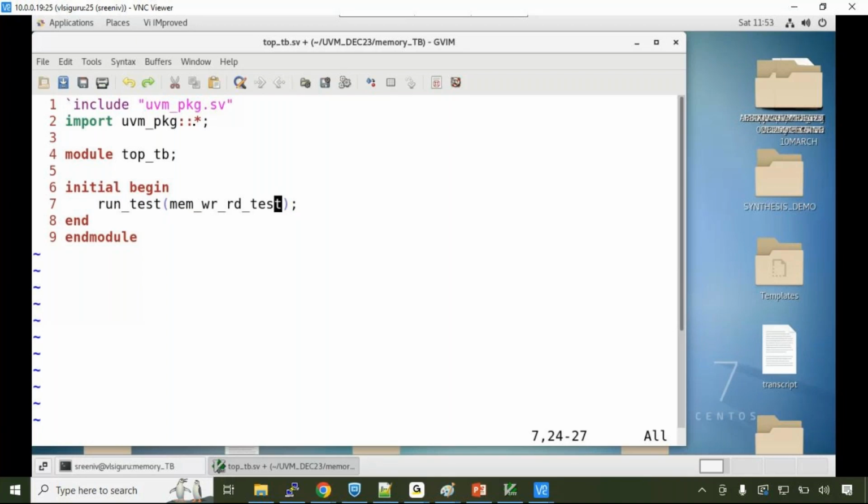What else do we do typically inside the top module? Tell me. In SV, what else did we do? Declare clock and reset, generate clock and reset, instantiate design, and instantiate the virtual physical interface. Connect DUT to the physical interface. Do you want me to explain all those again?